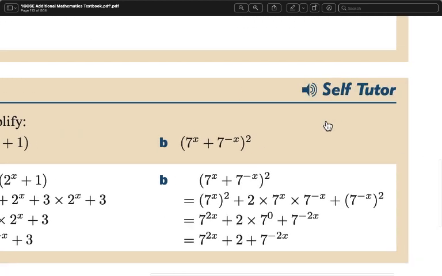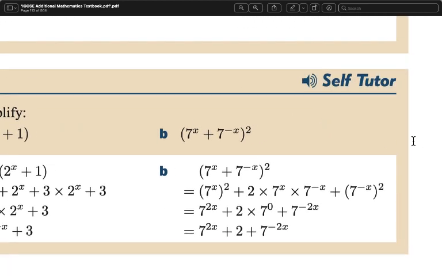Now look at another question. 7 to the power of x plus 7 to the power of negative x, with everything squared. So first of all, in this case 7 to the power of x is going to be a, and 7 to the power of x is going to be squared. However, as a is separated with the parentheses, the power multiplied with n is going to undergo multiplication.